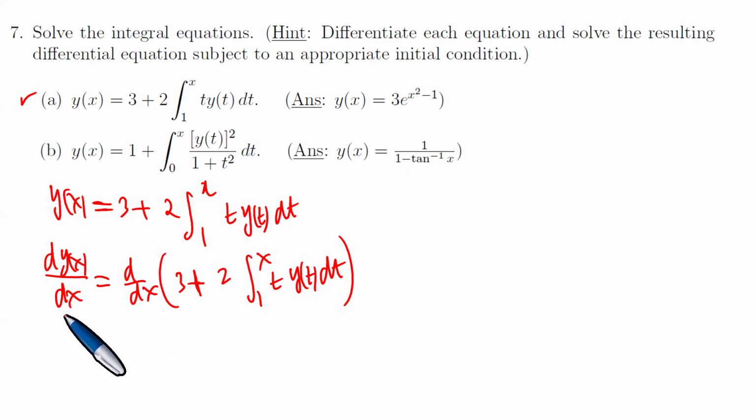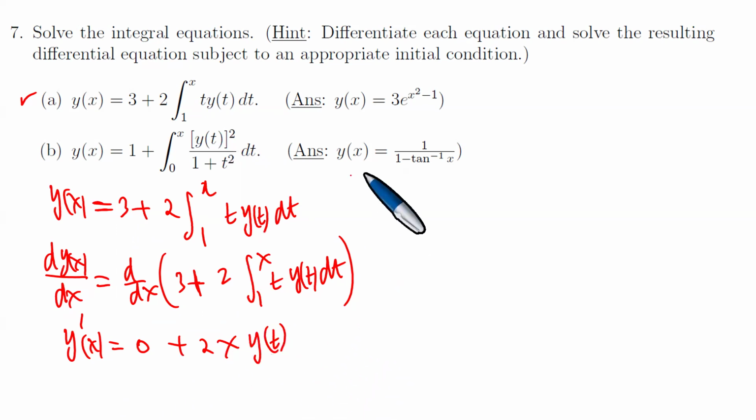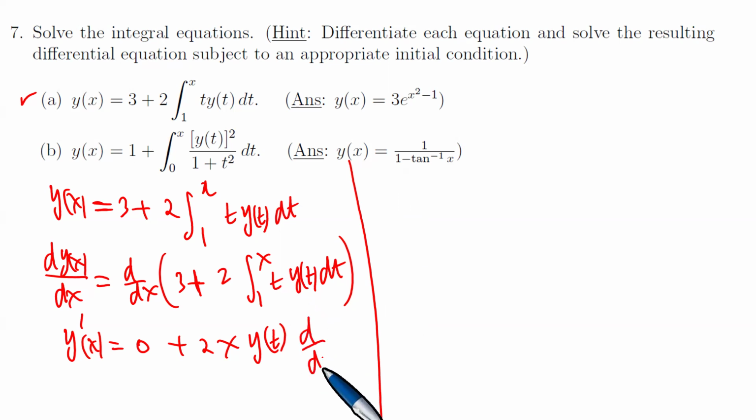So the derivative of this is y primed of x. The derivative of the 3 becomes 0. If you differentiate the integral, you substitute everything into it: you put x in the place of t. In general, you multiply by the derivative of the limit of integration, because sometimes it's not 1.